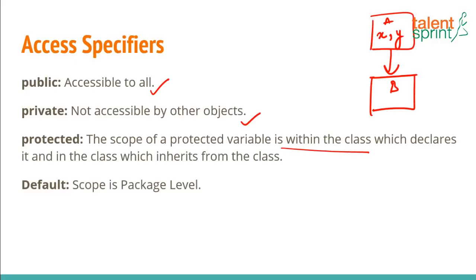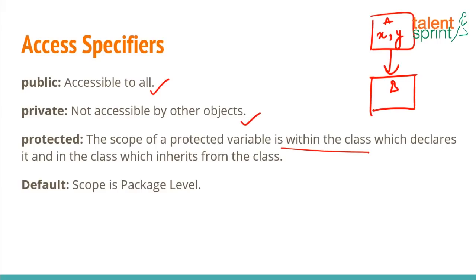Next up we have access specifiers. Now access specifiers are one of the very basic and fundamental object-oriented programming buzzwords, wherein you implement all your inheritance and your abstractions using these. And there are four types of access specifiers. We have public, private, protected, and default.